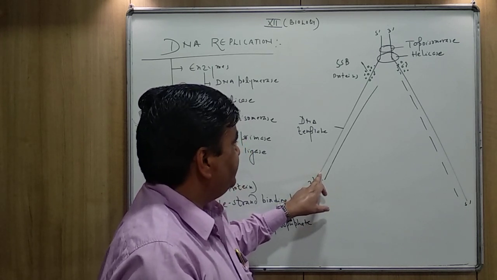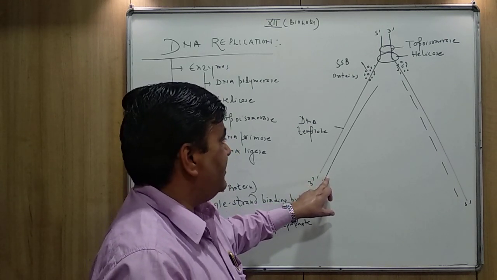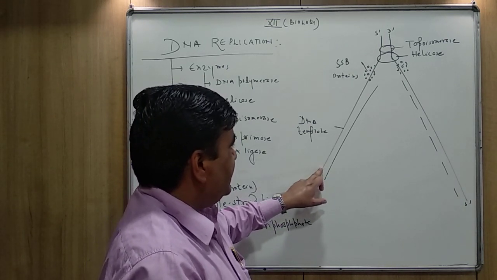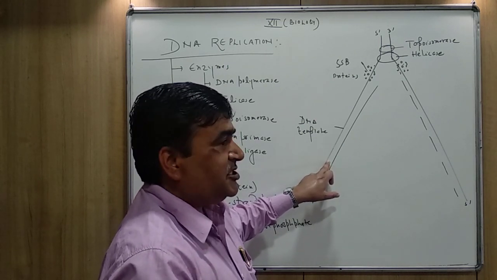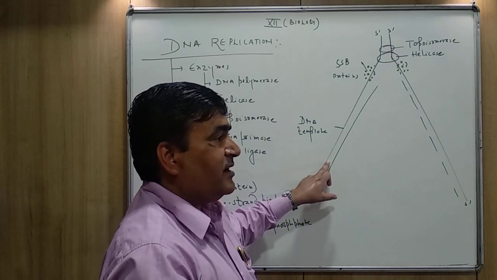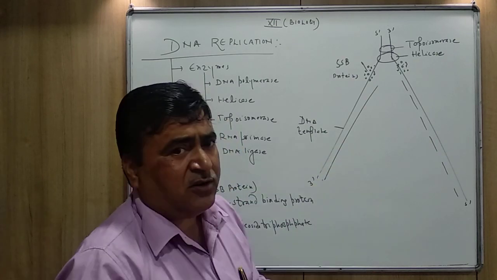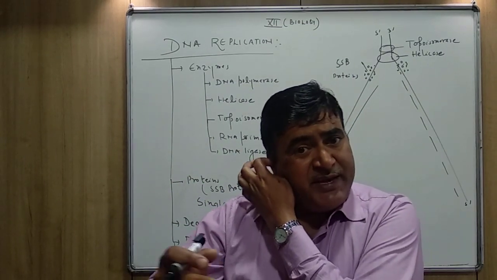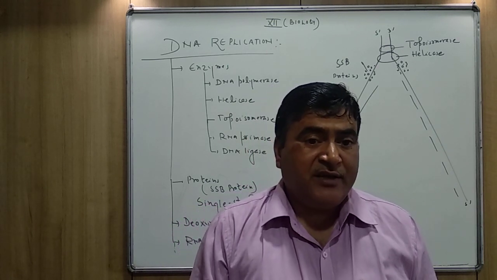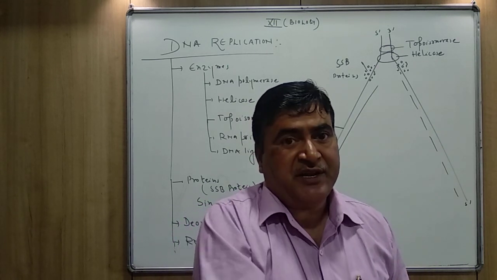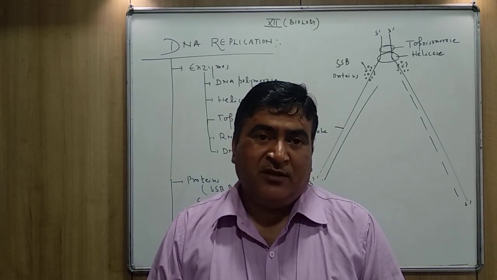As you know, adenine combines with thymine, so here the nucleotide that comes will be thymine. If here there is cytosine, then guanine will come. If on the template strand there is guanine, then it will be cytosine. If thymine, then adenine. So as per the base complementary rules, according to the DNA template, the new strand which is complementary to the old strand is going to be synthesized.